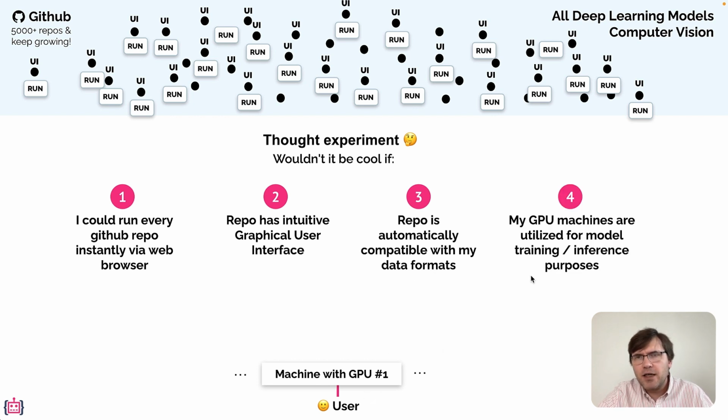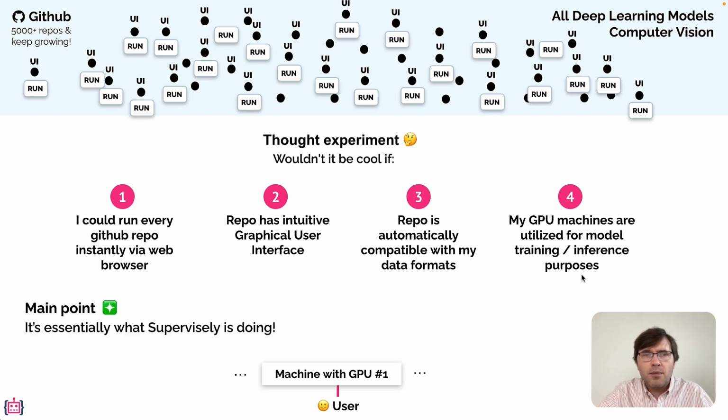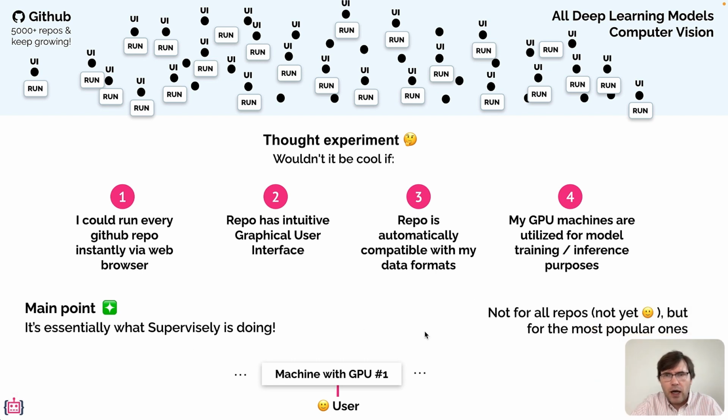And finally, it would be cool if the user's GPU resources might be utilized whenever necessary for training and inference purposes. But the main point is the following. Essentially, it's what Supervisely is doing. Maybe not for all the repositories, not yet at least, but for most popular ones for sure.